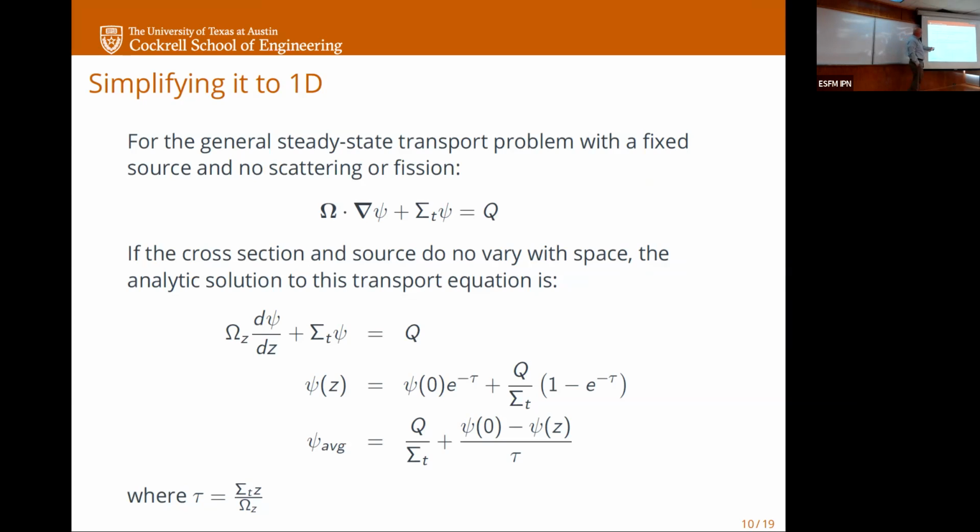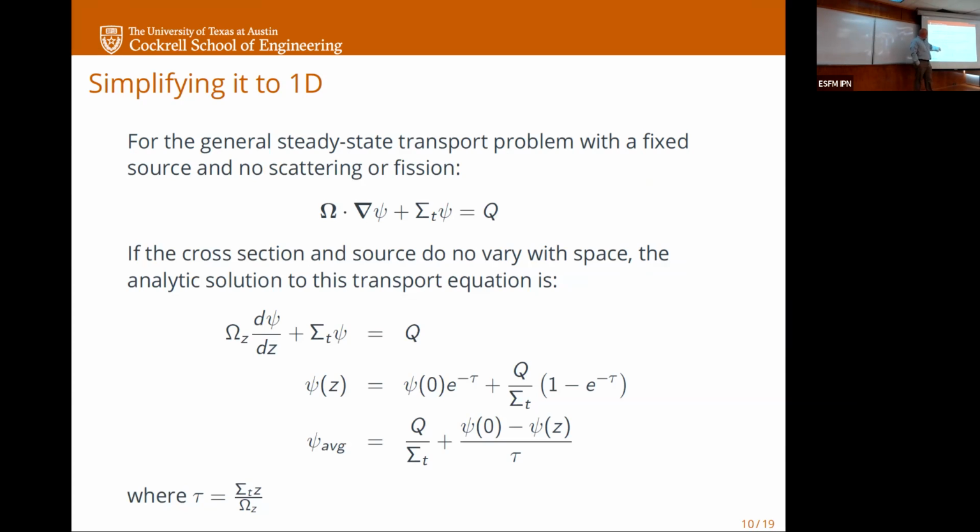Then in that one direction, we'll call it the z direction, we have a direction of travel omega z, and this operator comes down to just omega z d psi dz plus sigma t psi equals q. And that is an analytic function.